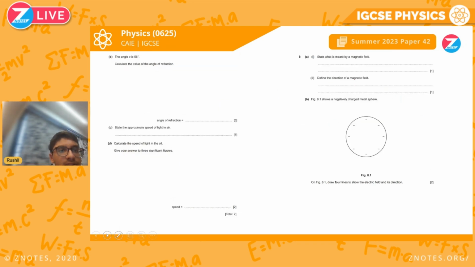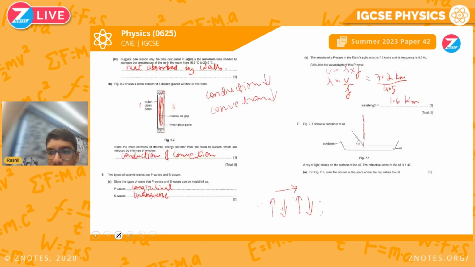Question B says the angle x is 56. Now calculate the value of the angle of refraction. We know that the refractive index is equal to sine of angle I, the angle of incidence, divided by sine of angle R, the angle of refraction. The refractive index is 1.47. The angle of incidence is the angle between the incident ray and the normal. We know that this as a whole is a right angle, so the angle of incidence I is 90 minus x.